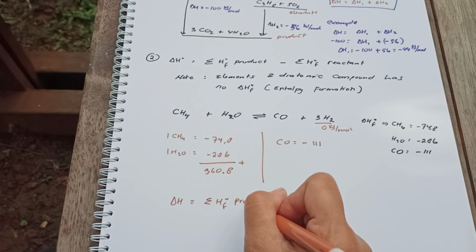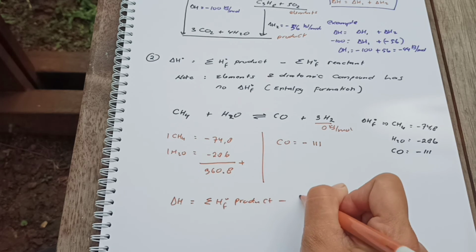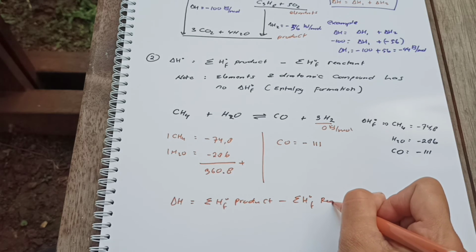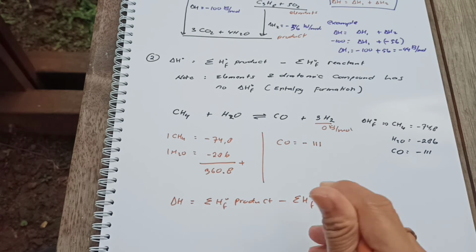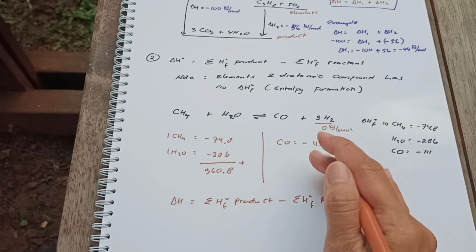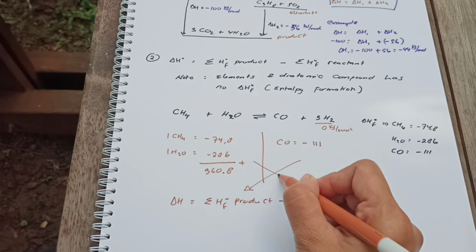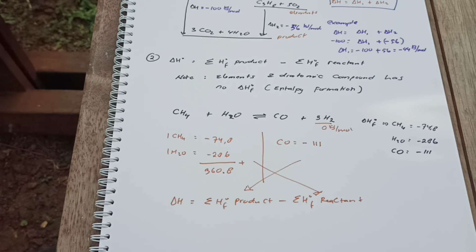Now delta H, or enthalpy, will be delta H of product minus delta H of reactant. The reactant is this one. The product is this one, and the reactant is this one.